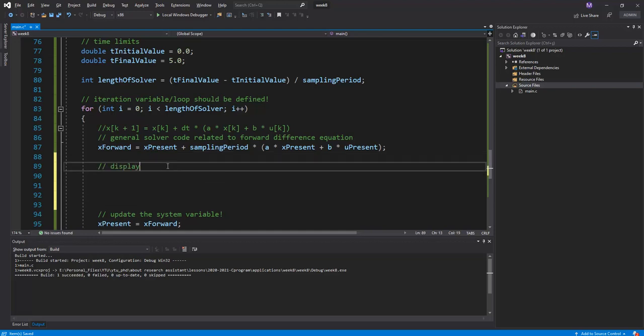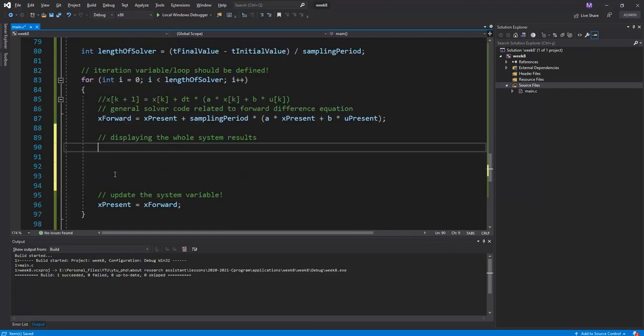display whole variable or system results? Okay, we can use the printf function in here. The printf function can be used to show every variable in this notation.